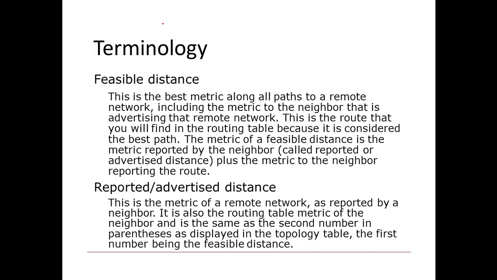The basic terminology involved in these protocols is feasible distance, reported advertised distance, etc. This is the same thing we have already discussed: feasible distance is the best metric along all the paths to remotely connect to the network.